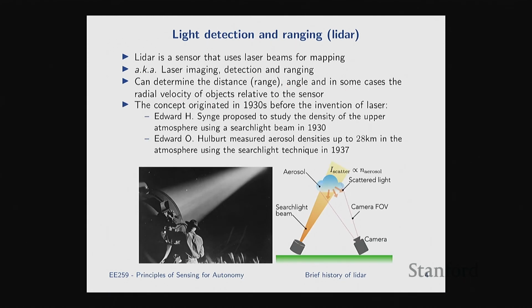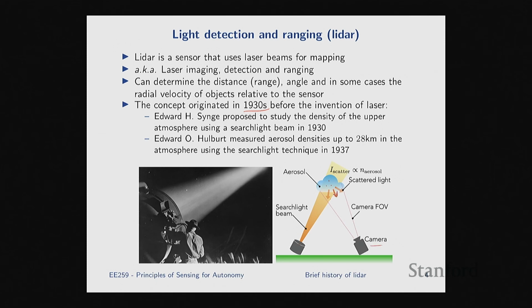Now, where did it all begin? The idea has been around for a very long time, even before lasers were discovered or invented, like in the 1930s. I think Edward Synge first proposed this idea of using a searchlight, so basically collimate a very powerful light and make a beam that you can shine to the sky, and then based on the light that hits, say, aerosols in the atmosphere, part of the light scatters back.